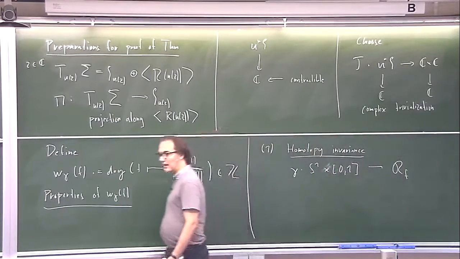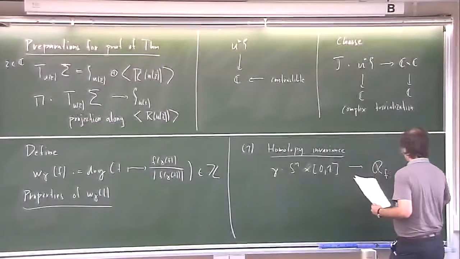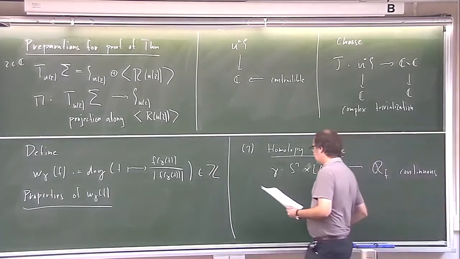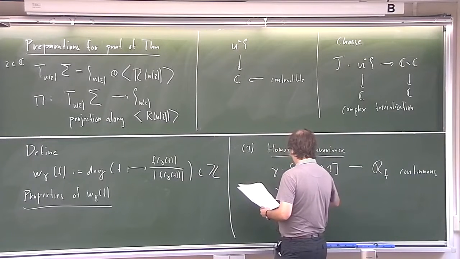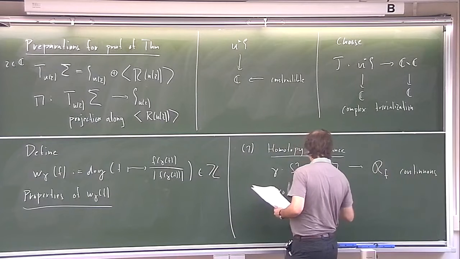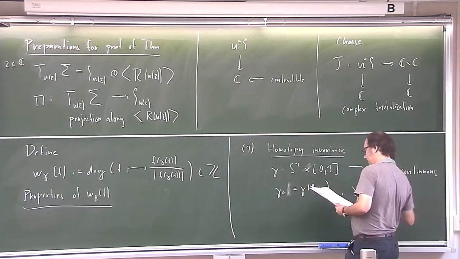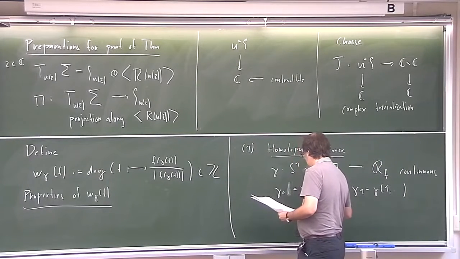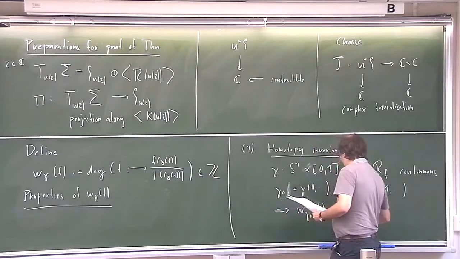We are not allowed to cross singular points of f. So if this is continuous, and gamma 0 and gamma 1 are the ends, then this degree doesn't change: w of gamma 0 and f equals w of gamma 1 and f.